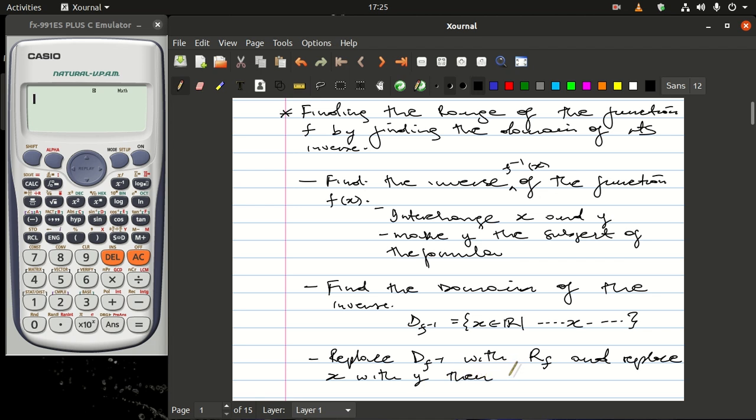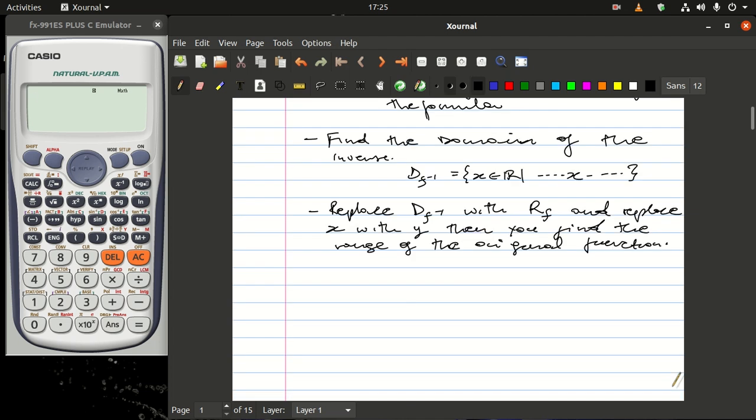Then you will find the range of the original function. Right, that's what you need to do. So here, once you replace this part, you will end up having R of f is equal to y is an element of real numbers such that blah blah blah y happens.